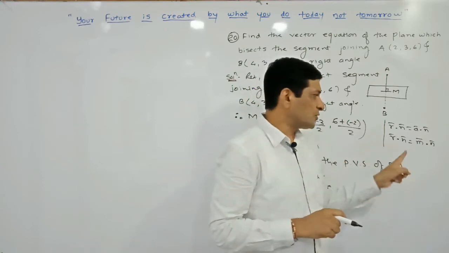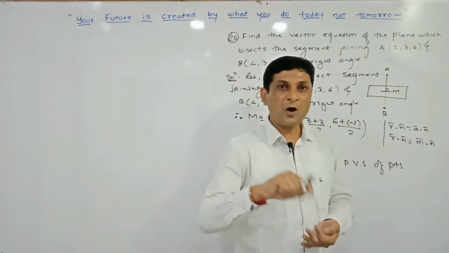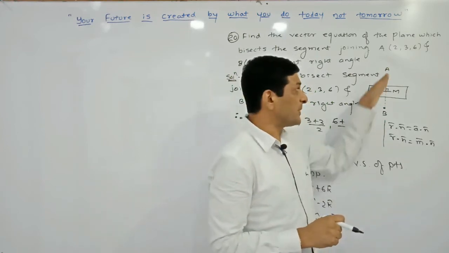The remaining part is to find the value of n bar. N bar is a vector along the normal to the plane. Normal means a line perpendicular to the plane.